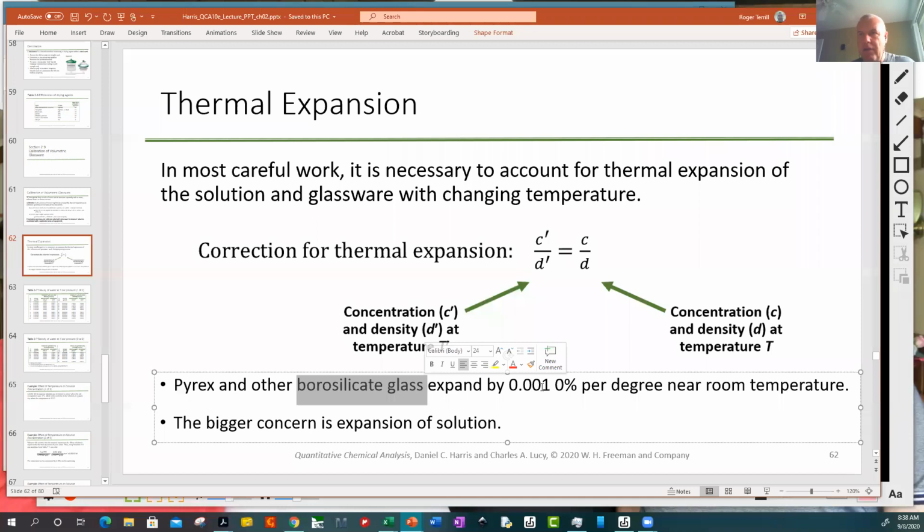So that can normally be neglected, right? The solution, however, does expand a little bit with temperature, so its density will decrease with temperature, right? So as density decreases, so will concentration, right? So we've got to make an adjustment here, right?